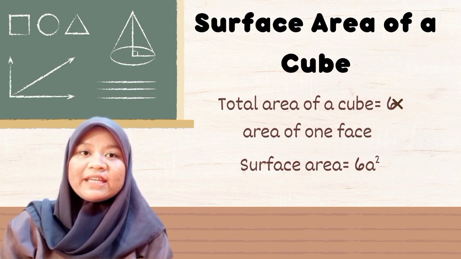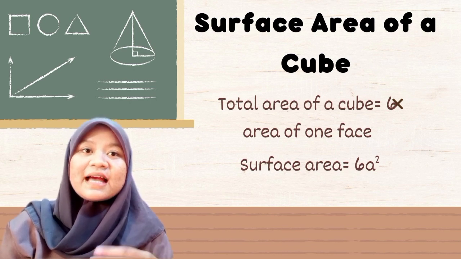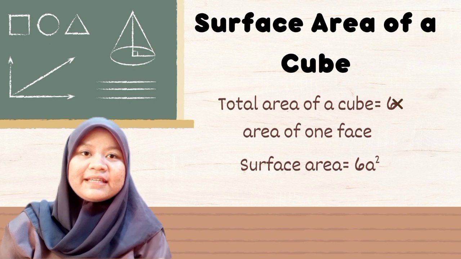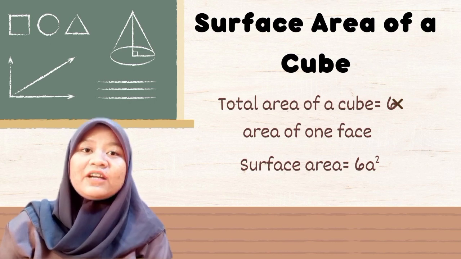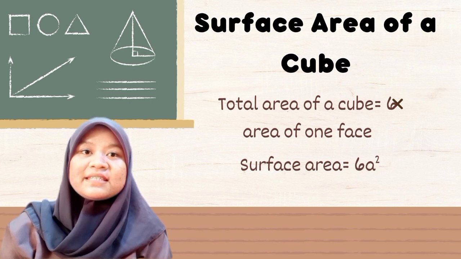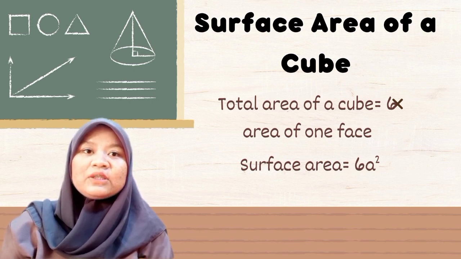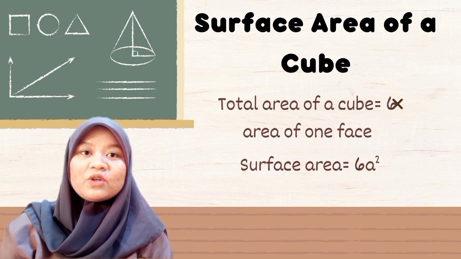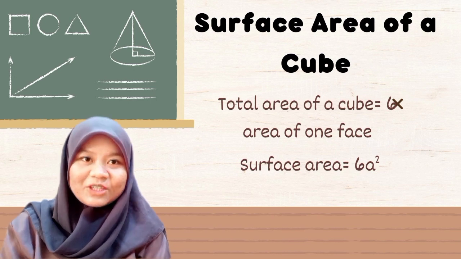The area of one square face is a times a, which is a squared. Therefore, the total surface area of the cube is 6a squared. The total surface area of the cube will be equal to the sum of all six faces of the cube.